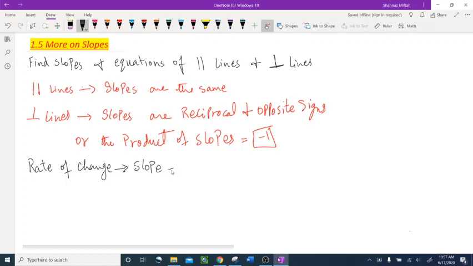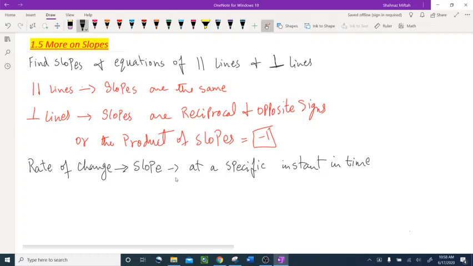It means when we measure rate of change at a specific instant in time. Now this is called rate of change.